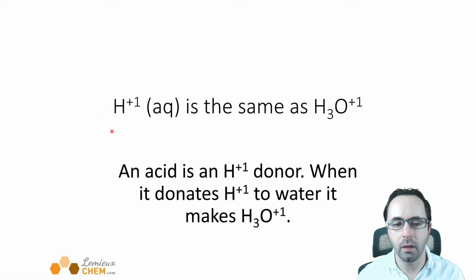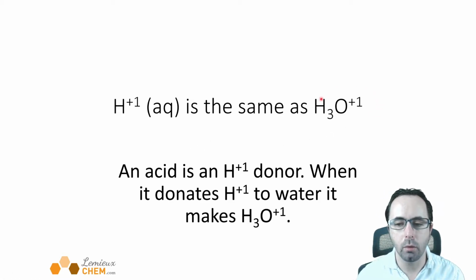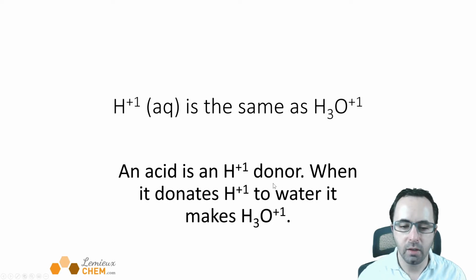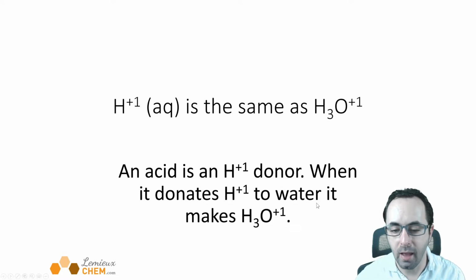It's just assumed here that if the H plus 1 is aqueous, it is attached to a water molecule, which makes it a hydronium ion. Also, again, the definition of an acid is it's something that gives an H plus 1 ion. When it's in water, that H plus 1 ion attaches to the water to make hydronium. And so saying H plus 1 or saying hydronium is saying the same thing.